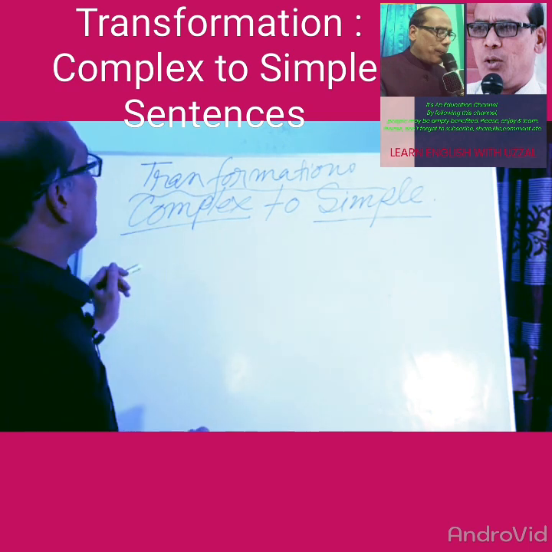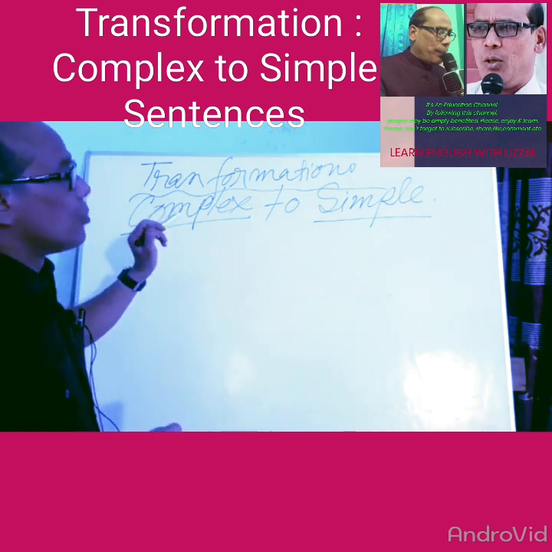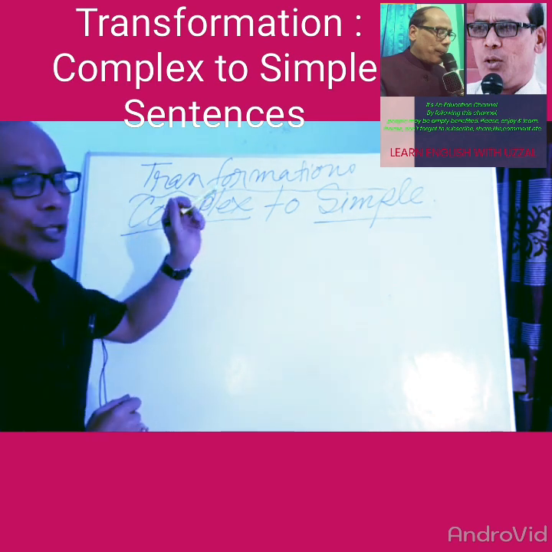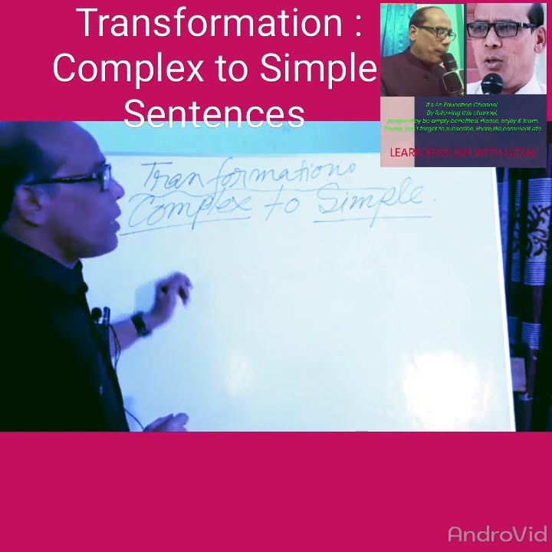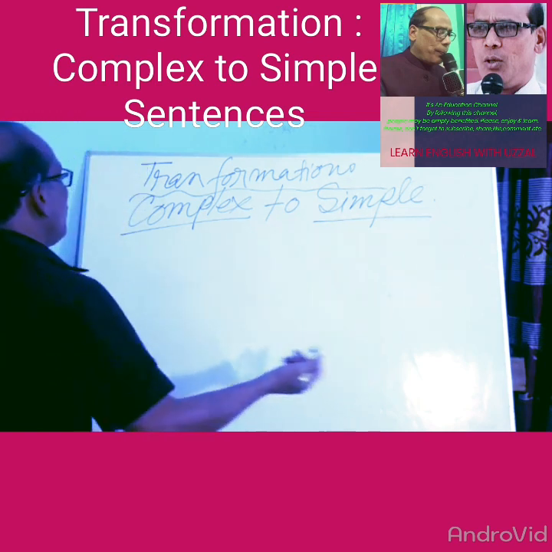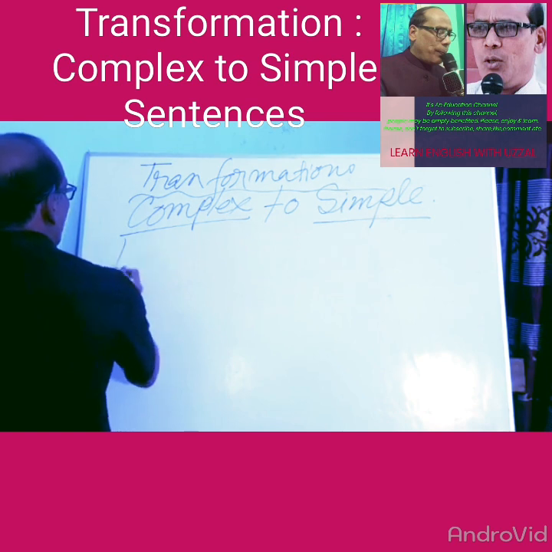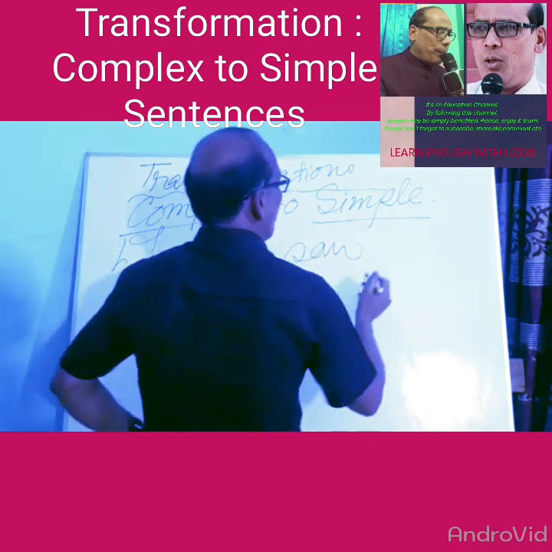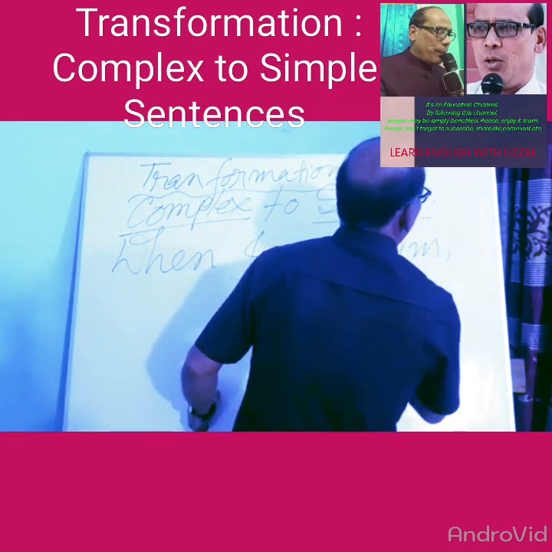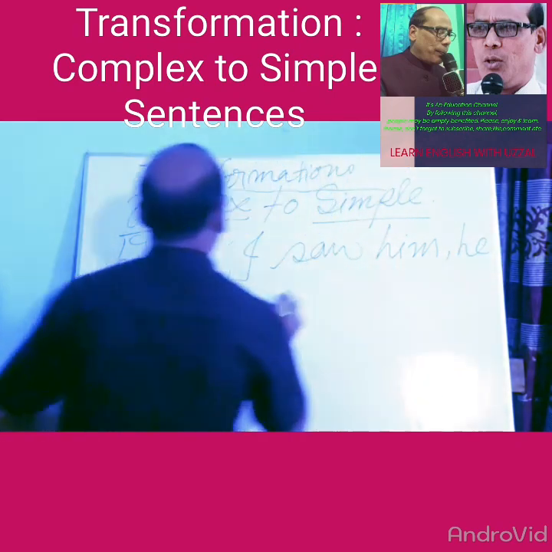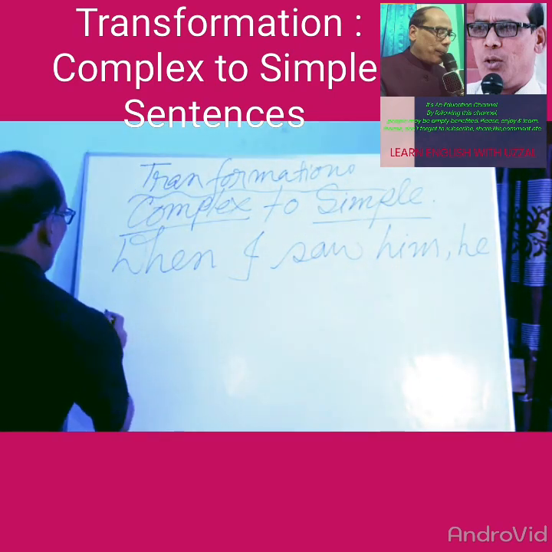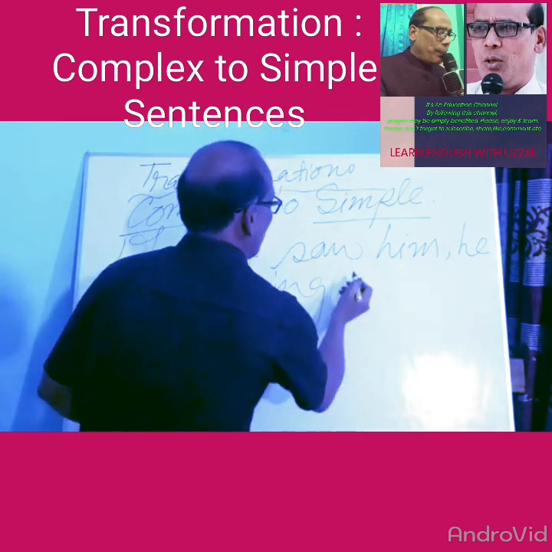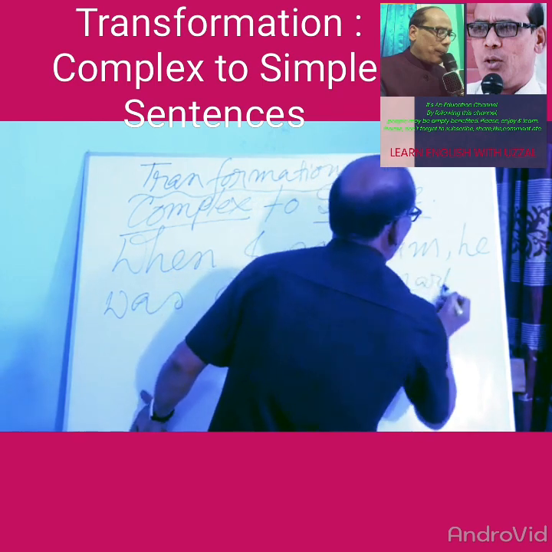One thing I'd like to tell you before I go to the rules of transforming complex to simple: as complex has two clauses, let me give you an example. Suppose: when I saw him, he was going to market.